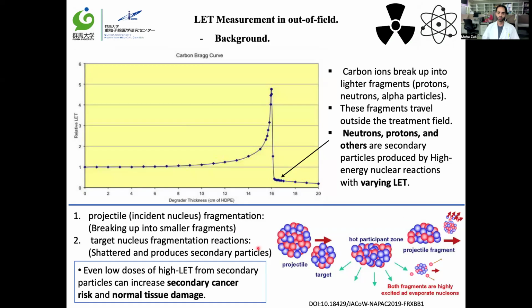And the other way is when there is a high energetic nuclear reaction that causes the nucleus to shatter and produce secondary particles. These secondary particles deposit a certain amount of unwanted dose in nearby healthy tissues, contributing to unwanted biological damage, potentially increasing the risk of secondary cancer.